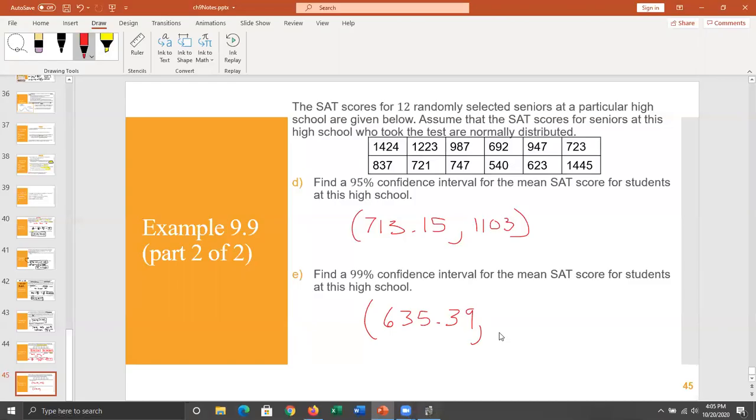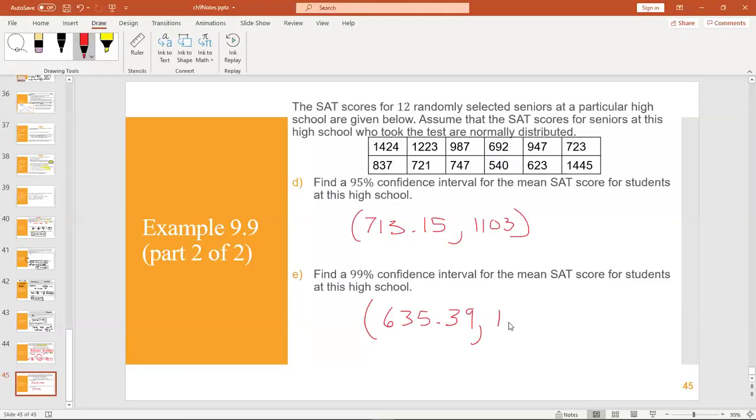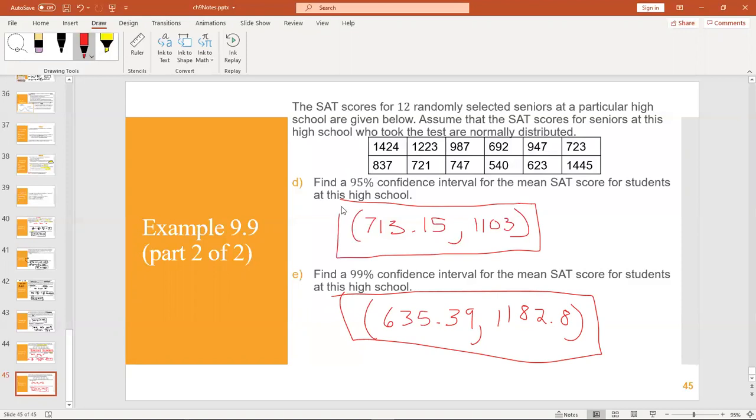And then what's this one? 1182.8. All right, there you go. That is the confidence interval for that one.